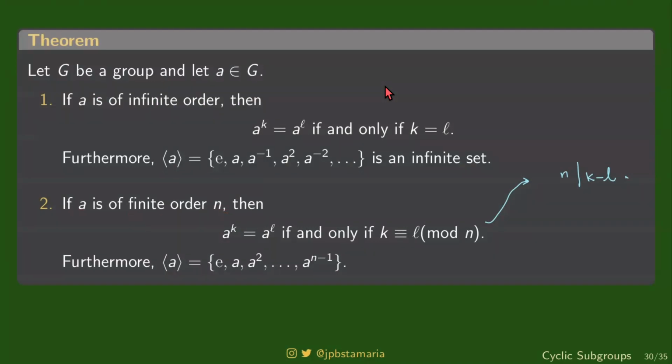May n elements lang din doon sa set. At ang mga nandito sa set na to ay e, a, a squared hanggang a to the n minus 1. Magkakaiba ito kaya there are n elements. Pero yung all other powers, mapuprove natin, it will just fall within this. Okay, that's what we're going to prove.